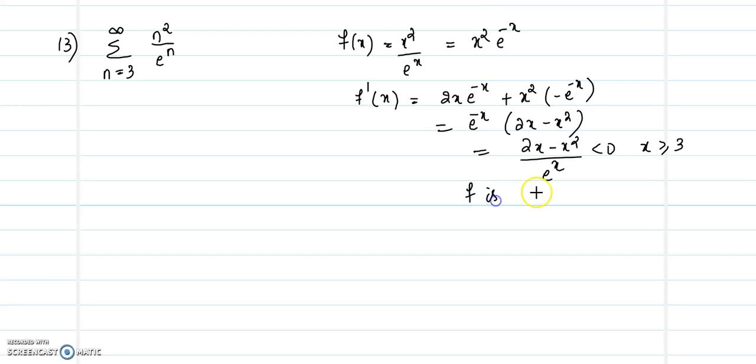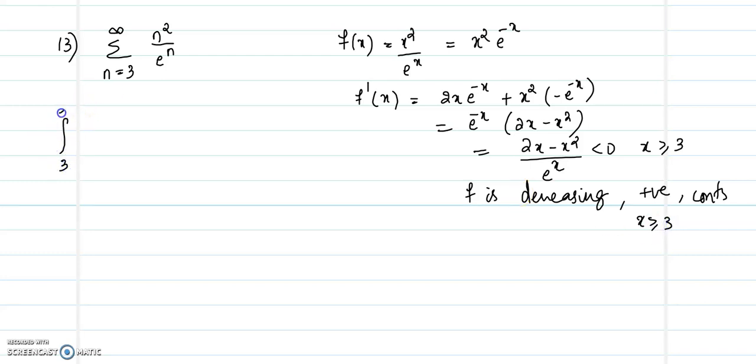Therefore f will be decreasing. Since the derivative is negative, the function will be decreasing, and already the function is positive. X square by e raised to x is always positive, and there are no discontinuities, so it will be continuous.